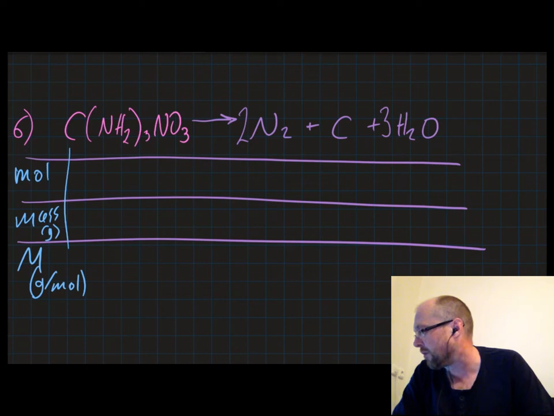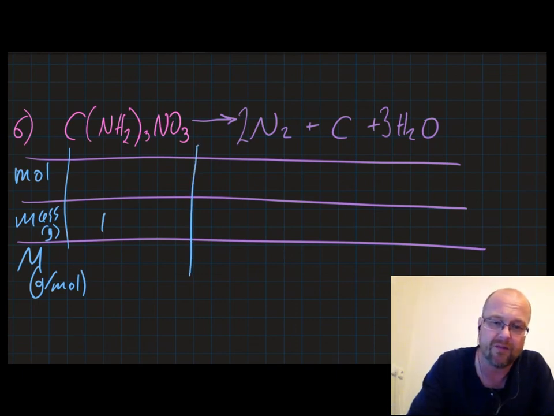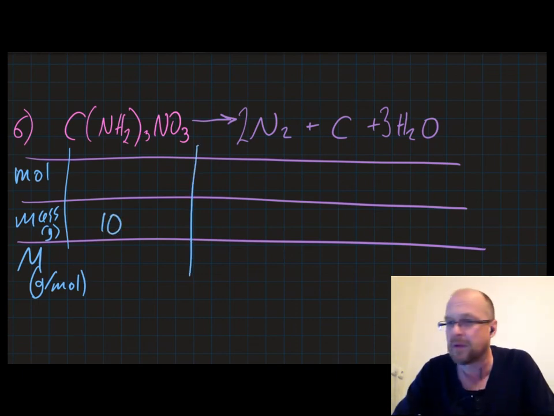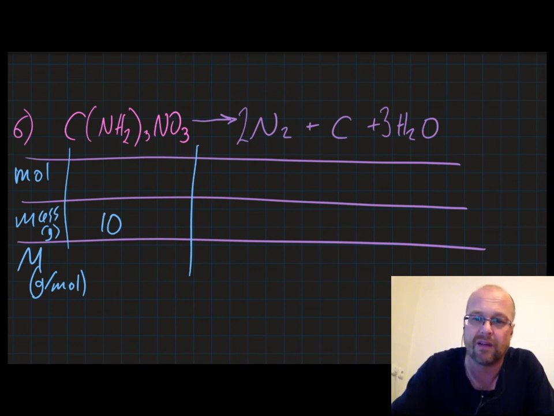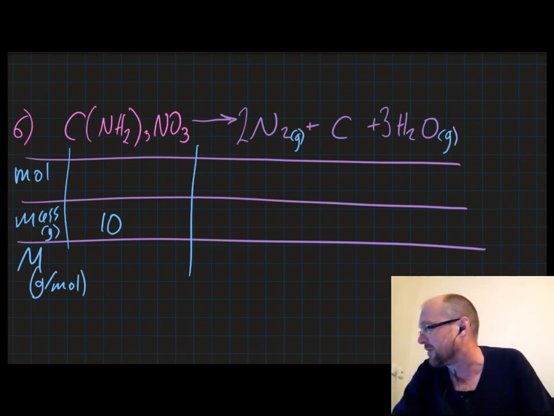Calculate the total number of moles of gas produced from the decomposition of 10 grams of this chemical here. So I've got 10 grams of that, and they want to know how many moles of gas. Well, you've got to know that nitrogen's a gas. You're breathing it now. And isn't water a liquid? Well, no, in this case it's a gas because in the question it says water vapor.